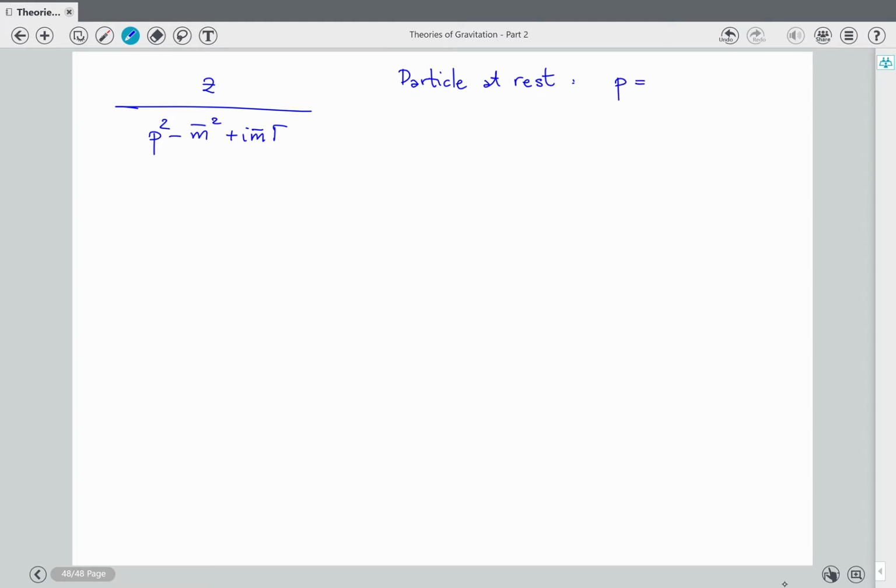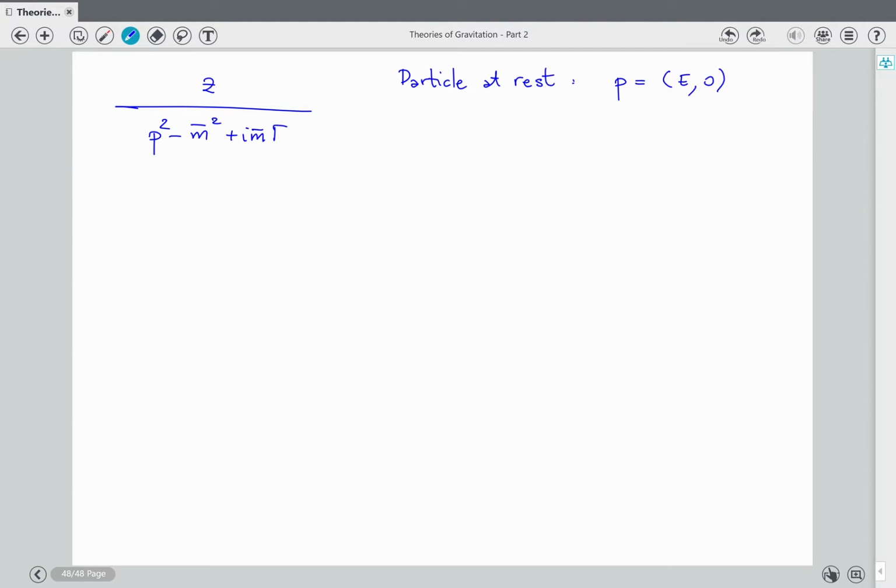That means that P will be equal to some energy, 0. If you want a non-relativistic limit, the energy will be the mass at the pole where you do have your particle. But this is a propagator, so it describes virtual particles as well.